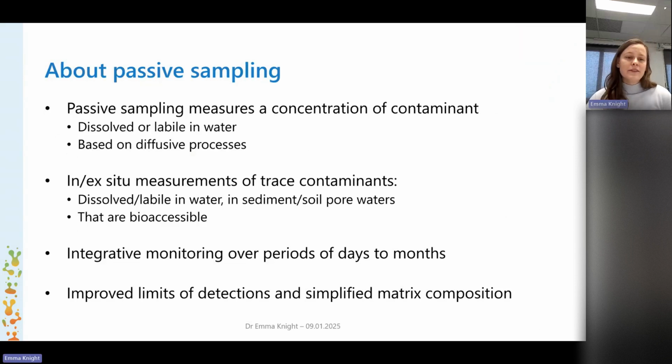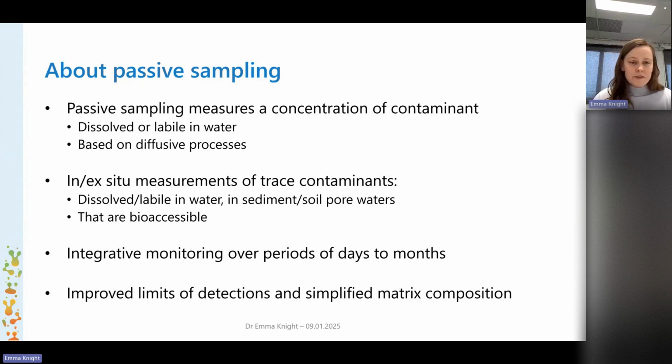So what is passive sampling? Passive sampling is usually a device where we can measure the concentration of a contaminant in the dissolved or labile phase in water, but also could be sediments or soil pore waters and air. And it's based on diffusive processes.